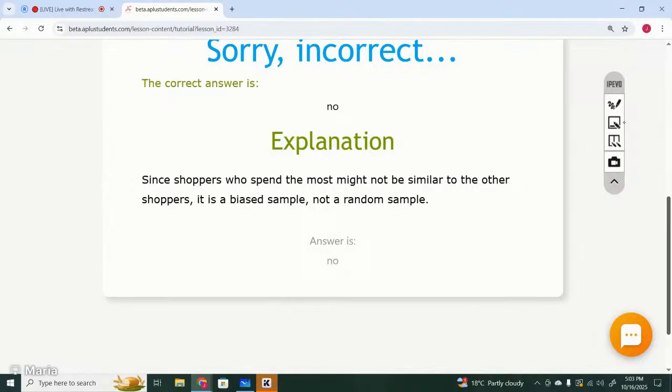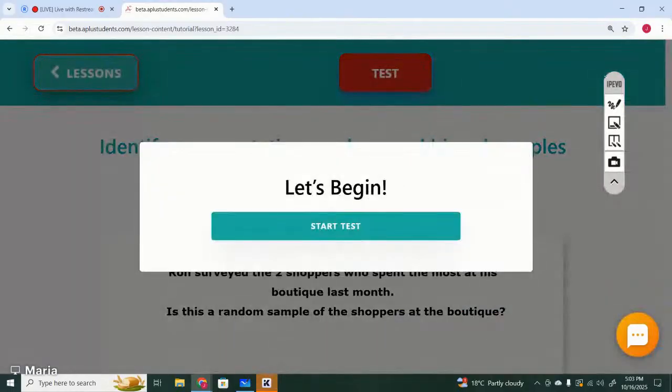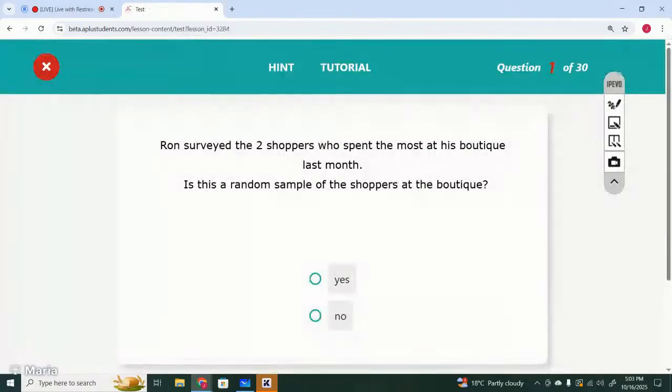Okay, let's just start with the tests. Ron surveyed the two shoppers who spent the most at his boutique last month.